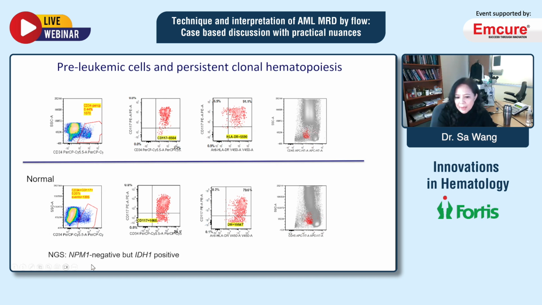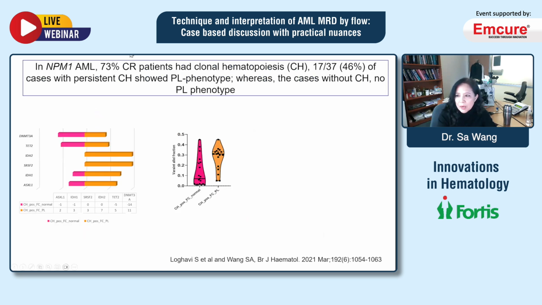So the patient came back, of course, NPM1 negative, but IDH1 remained positive. So we actually decided to study this phenomenon. So we pulled out all the NPM1 AML. At the time, we had 75 cases, and at the time of diagnosis, every NPM1 case had co-mutations.